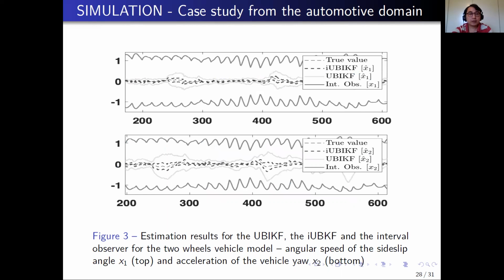The following figure shows that the real values X1 and X2 here are always included in the state interval estimates provided by the three filters, in which the estimate interval provided by the improved filter IUBIKF is the tightest of the three.